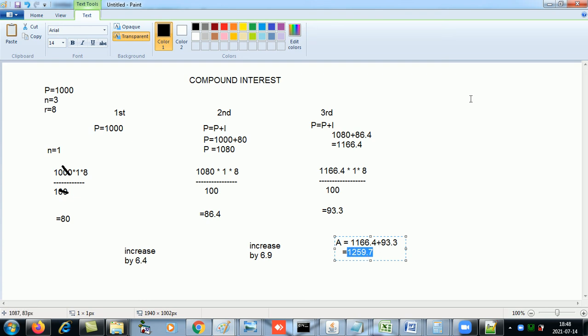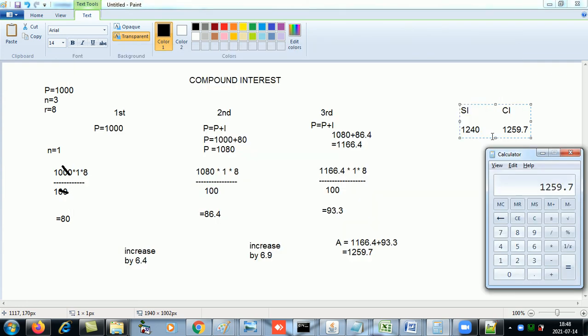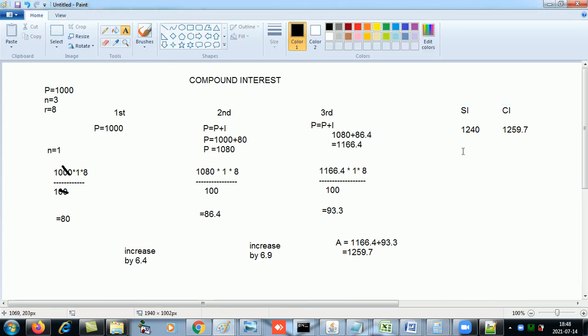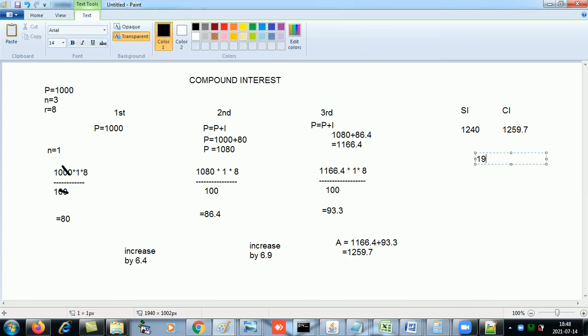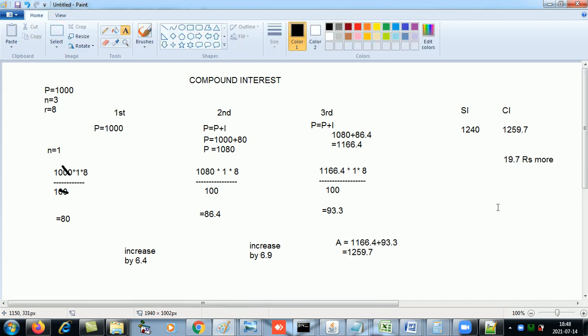Now if you compare this with simple interest, the amount he was getting was 1240, and in compound interest the amount he is getting is 1259. There is a difference of 19.7 rupees more he is getting on compound interest.